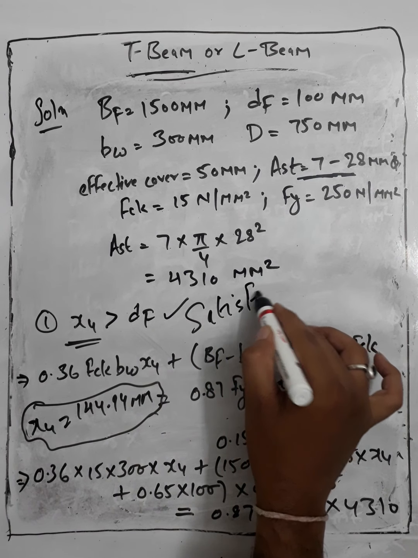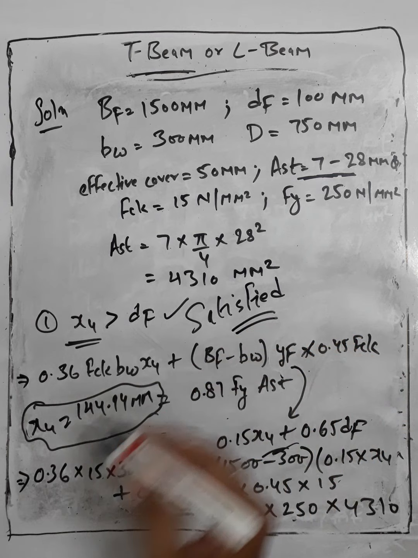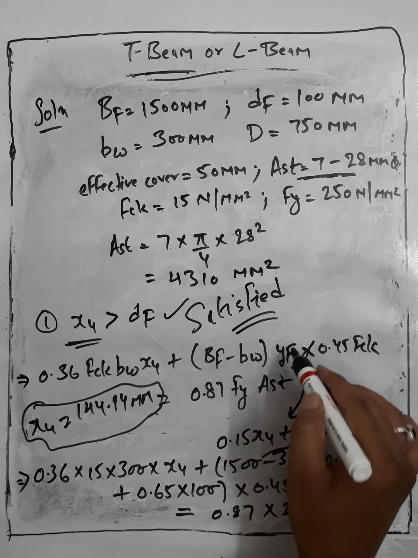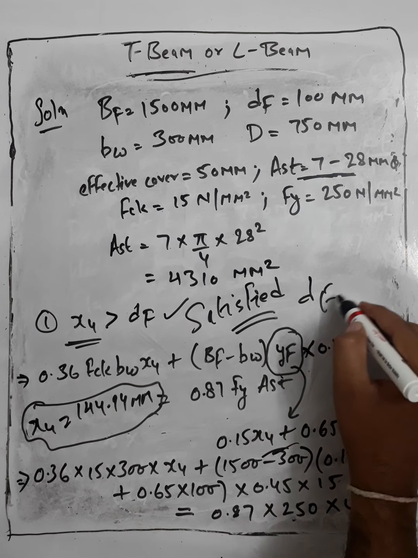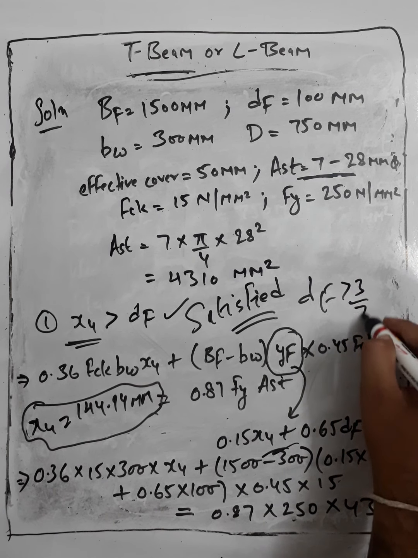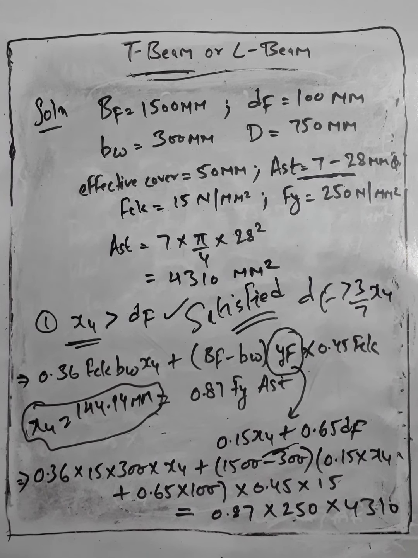This condition is satisfied means here we have used Yf. That means Df is greater than 3/7 Xu.